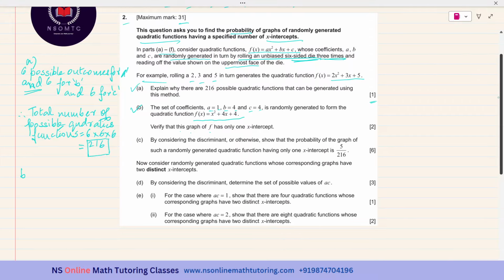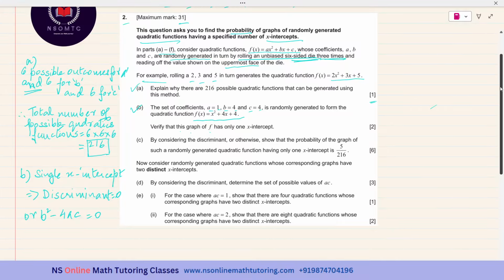So, single x-intercept implies discriminant equal to 0, or b square minus 4ac equal to 0.